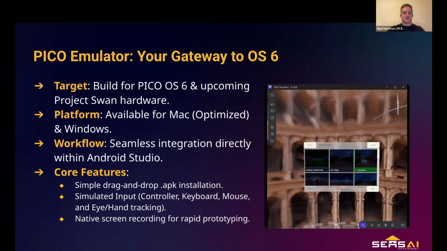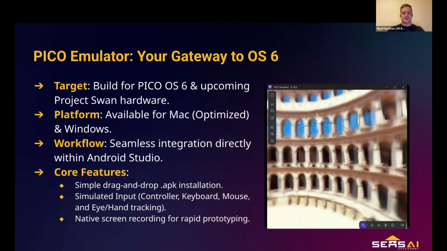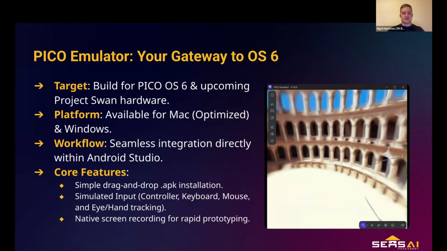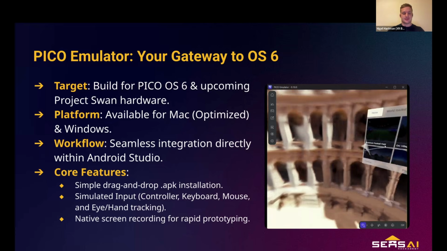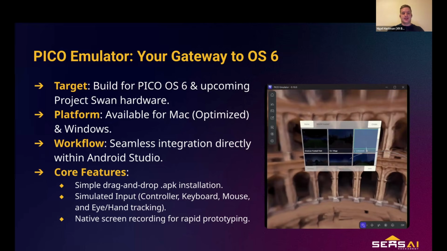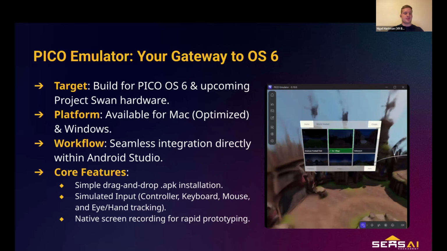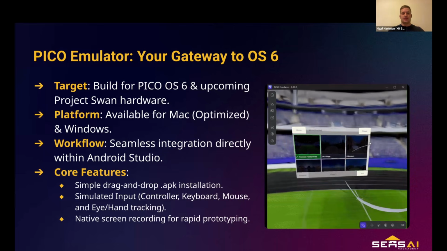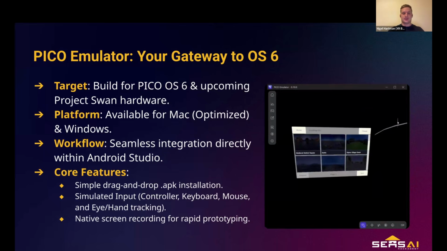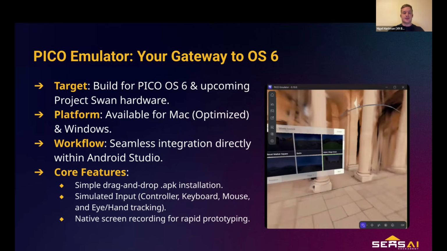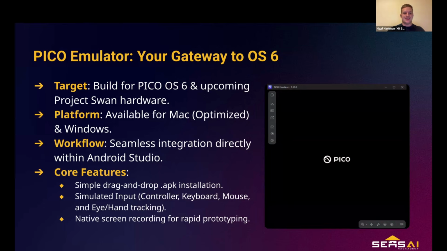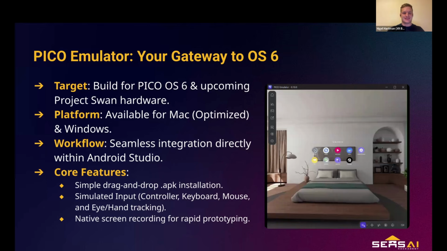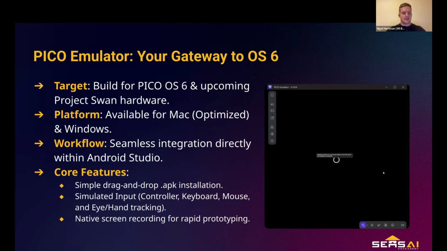You can just drag and drop the APK files you build into the emulator or use the web browser to start applications. You can simulate everything from controllers to eye tracking and even record your screen in it for rapid prototyping. And let me show you exactly how easy it is to get this running.